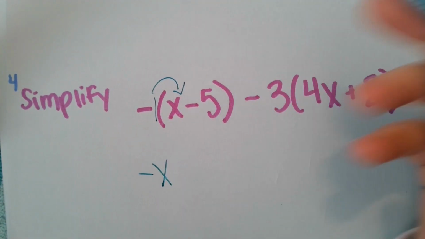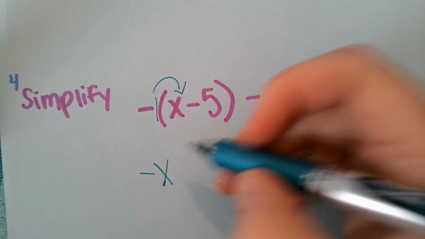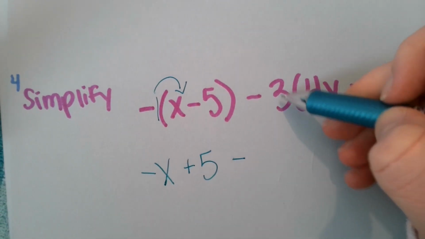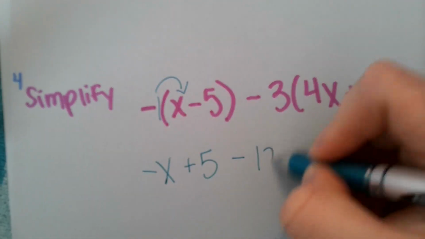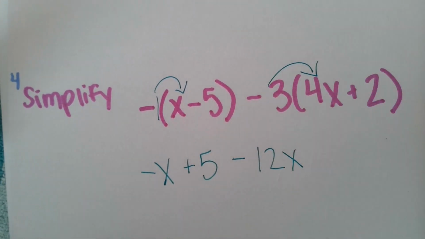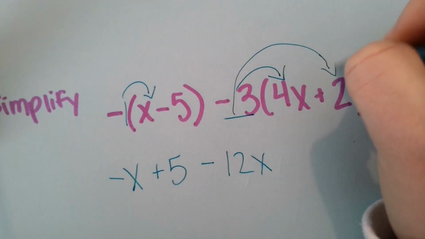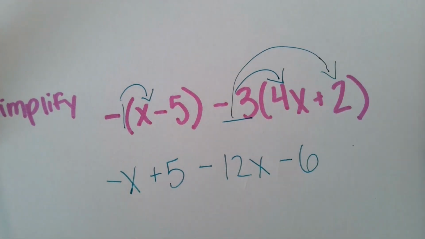So negative 1 times negative 5 is plus 5. Minus, taking away 3 groups of 4x, well, that's the same thing as taking away 12x. Don't forget, we still have to distribute, and this negative 3 goes to the positive 2. So we're taking away 6 now.